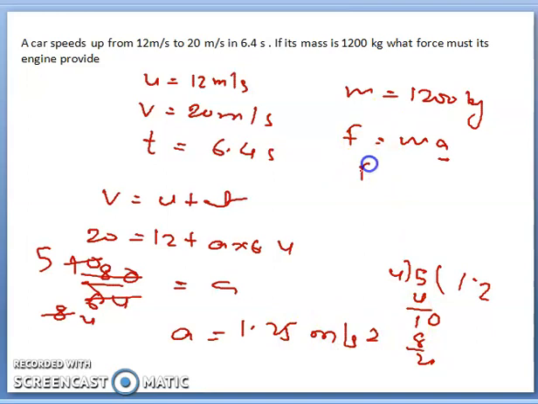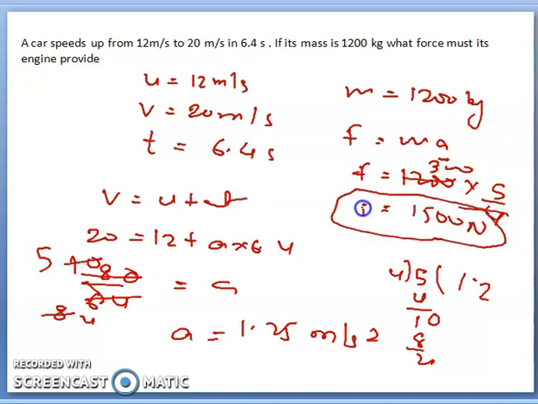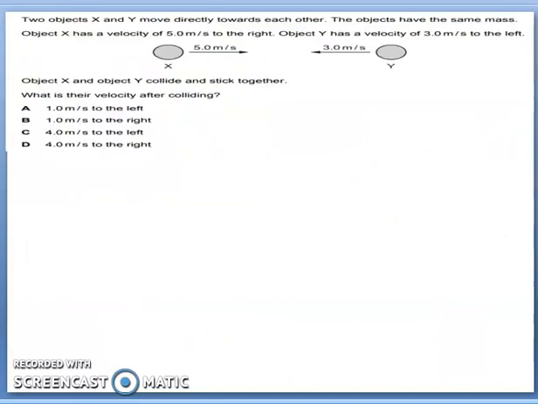So force equals, or we can directly take 1200 into 5 upon 4, just cancel it, 4 into 300, and this is 1500 Newton, the answer. So this is how we can find force. Now the next question is based on momentum.